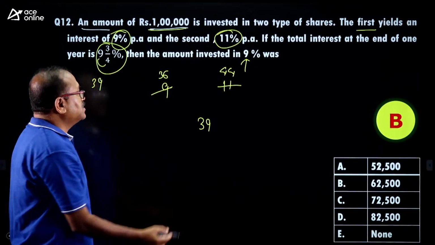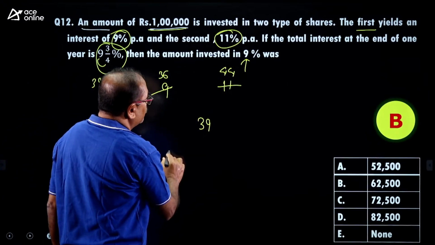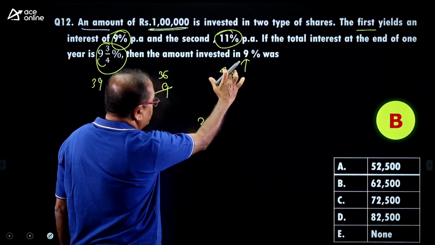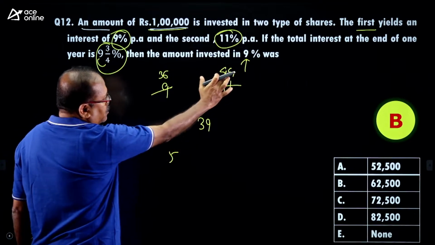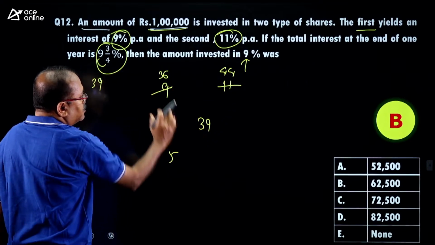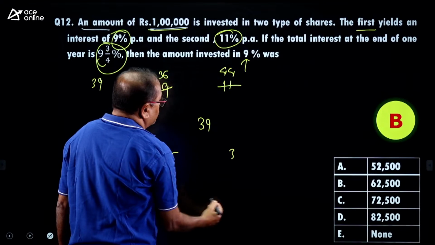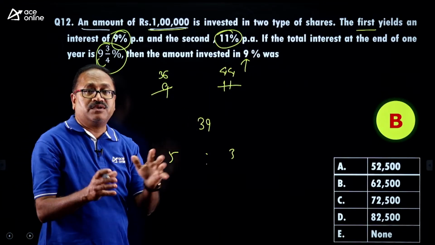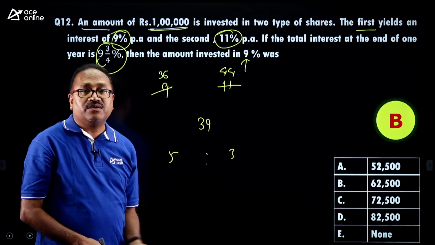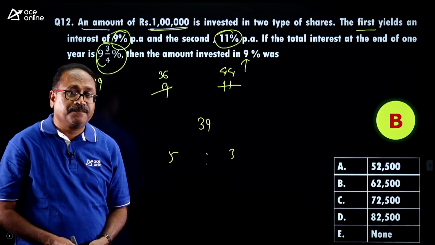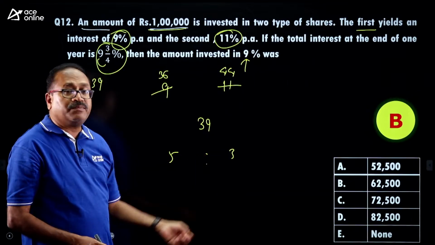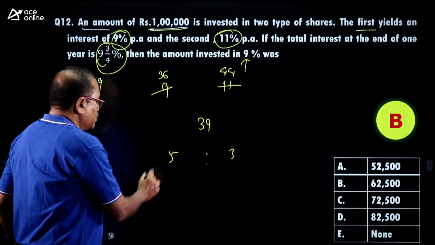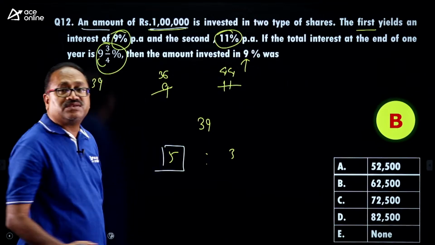So your answer is ready now. From here you are getting 5, and here you are getting the difference. The difference is 5 for 44 and 39, and 39 and 36, the difference is 3. That means the money is distributed in 9% and 11% in the ratio of 5:3. So the total is 8 parts. My requirement is 5 parts. Many of you have done well, sir.